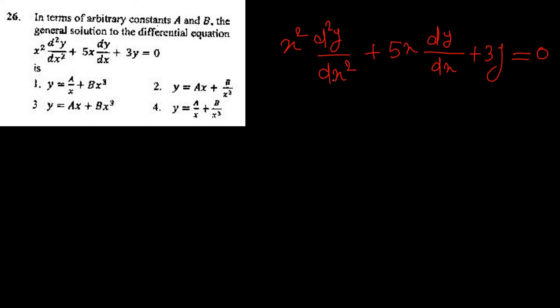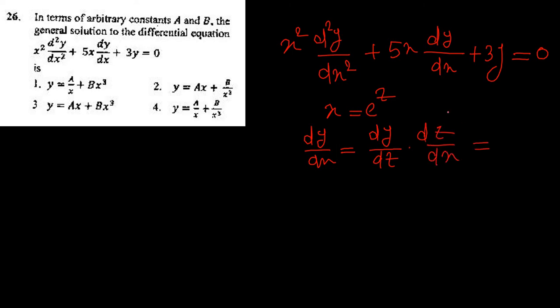Now, for this type of question, you have to put x is equal to e to the power z, and by putting this you have to change dy over dx in the form of dy over dz. For which you have to find dz over dx and replace dz over dx by 1 upon x dy over dz.